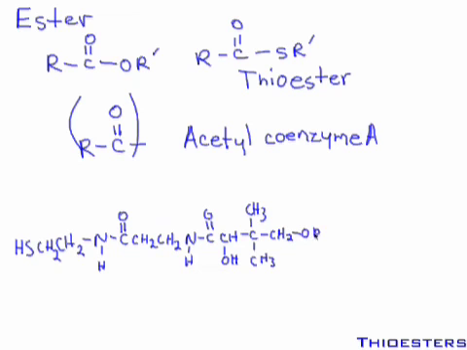O, P, O, OH, double bond O, P, OH, double bond O, OCH2, we have the C, and we have what looks like a furanose type ring.